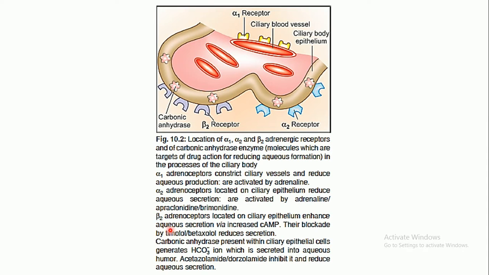So by blocking the beta receptors, with drugs like timolol or betaxolol, they block these beta 2 adrenoreceptors. As a result, there is down regulation of adenylyl cyclase, so there is reduced generation of cAMP. This is how the aqueous secretion is decreased by the beta blockers.